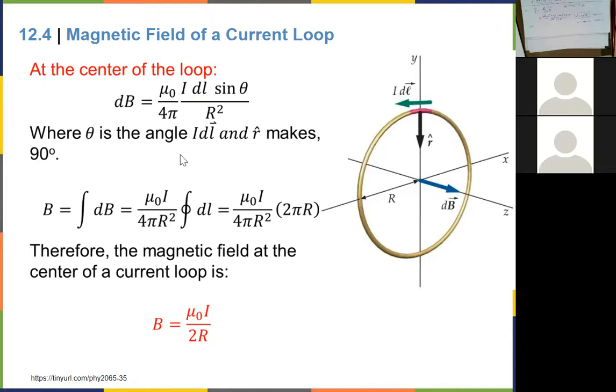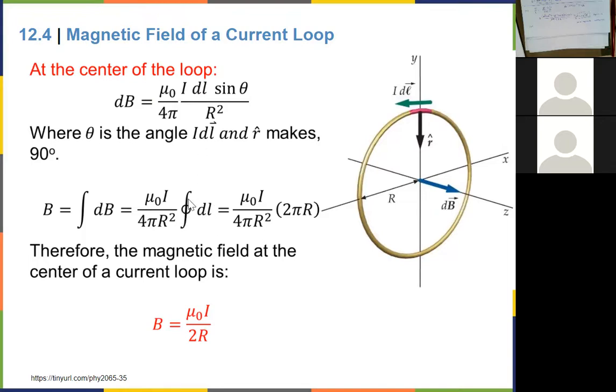The I is constant, mu naught over 4 pi is constant, and R squared is also constant. So you are pretty much just integrating through the DL, the small portion of the loop, through the loop itself.